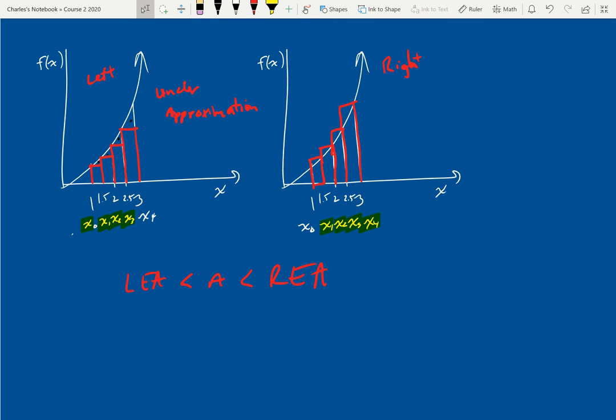And if you think of what is the left endpoint approximation, well, those are just rectangles, right? So the rectangles are going to be the length times width, or you might think of, instead of length, the height. And what's the height? The height is going to be f of whatever the x value is.